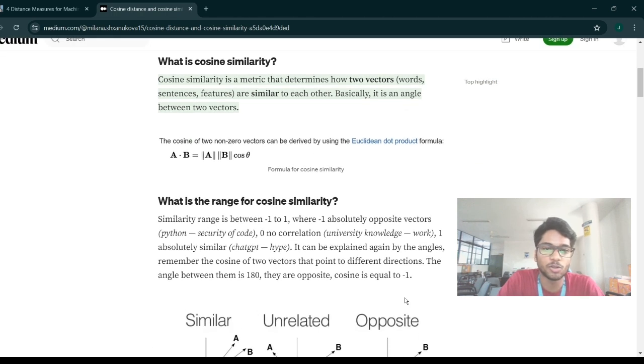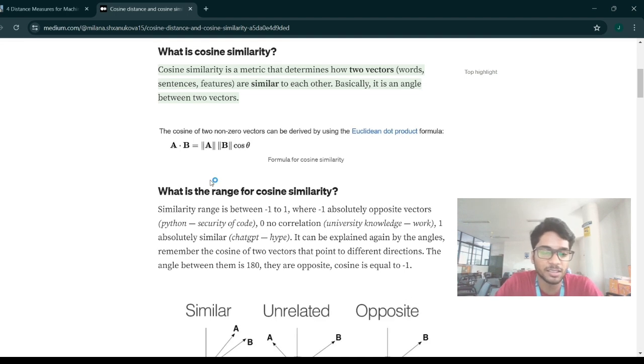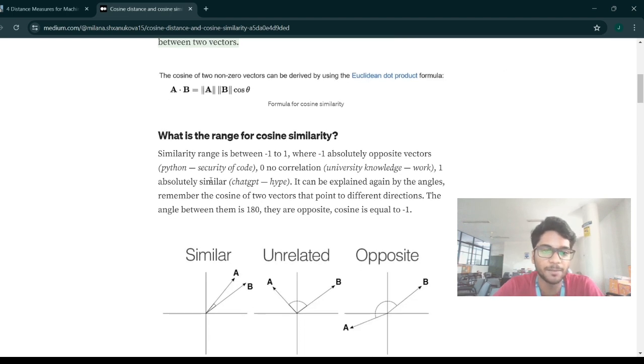First, cosine similarity. That means that between two vectors there are some similar types of features, sentences or words that appear in both of them. There is the formula, where a and b are the vectors, which can be derived using the Euclidean dot product formula. That is the dot product formula, and there is a range of cosine similarity.